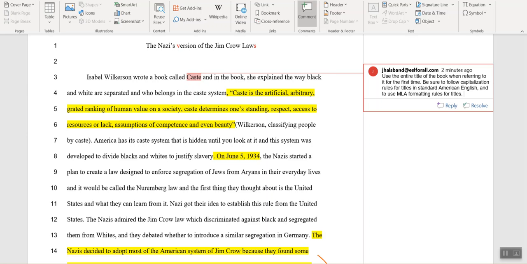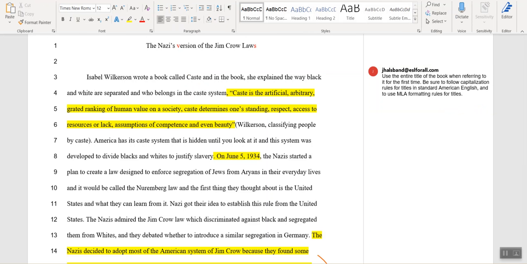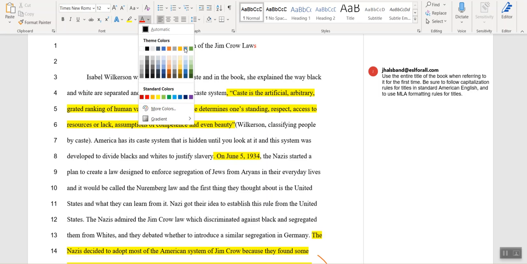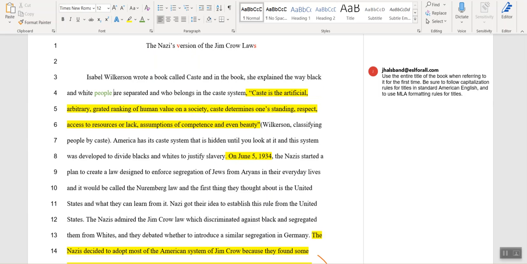So the 2 parts there. Change the way that black and white, and then just because I'm noticing it, I'm just gonna come back in here and add it in, even though it's not in the instruction, but I noticed it. Black and white people are separate who belong in the caste system, right?